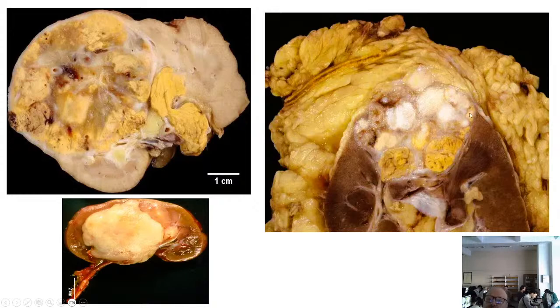It's T3. Here we have also the yellow color characteristic of clear cell renal cell carcinoma, but we also have a whitish compartment of the tumor, which in this case is due to sarcomatoid differentiation. That means that the neoplastic cells have lost their differentiation.